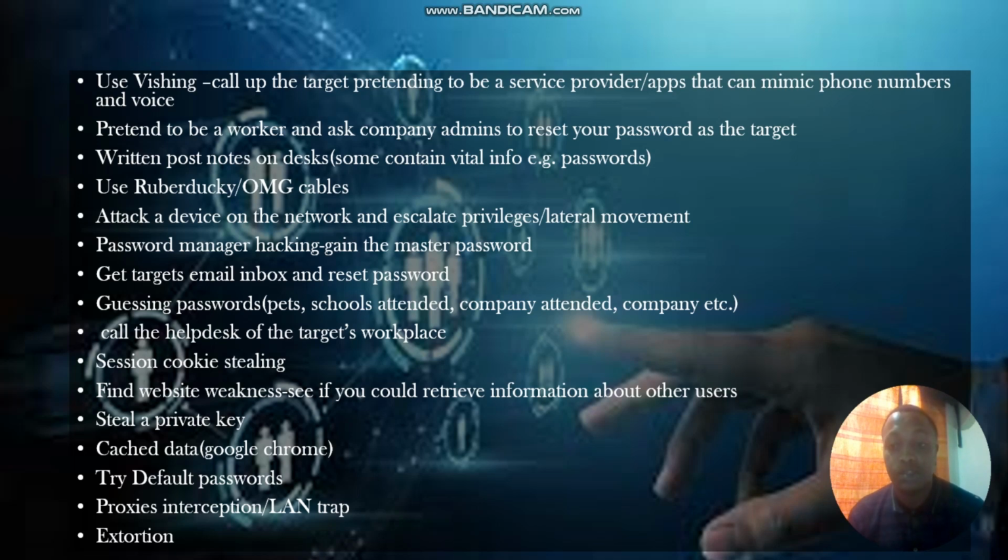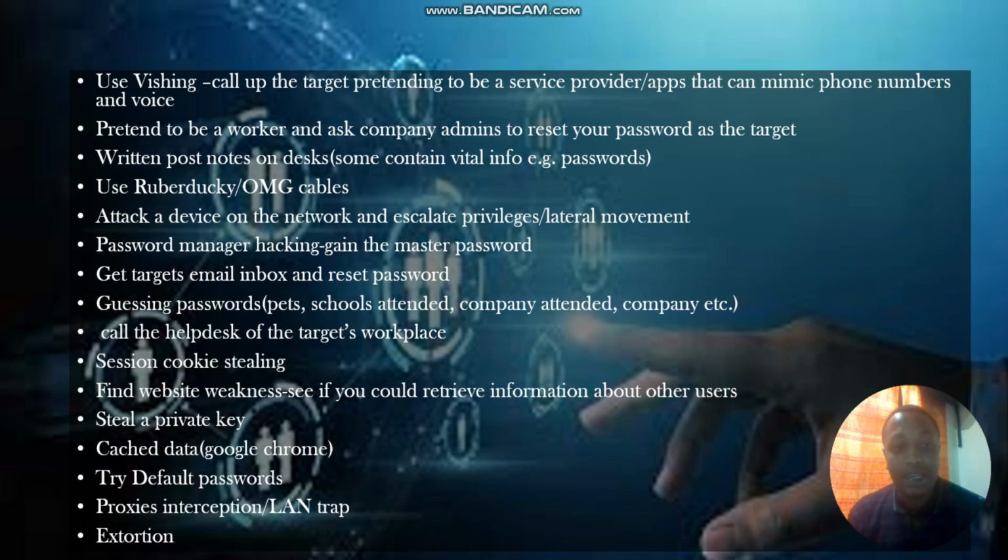Remember, if a password overstays on a certain account, then that account generally becomes weaker. So if you can steal the master password, which is the main vault that stores all these passwords, then you are able to get access to all these passwords or information to these specific accounts.